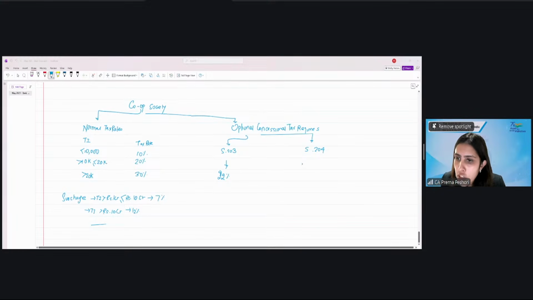Secondly, a manufacturing cooperative society which is resident in India, which is set up or registered after 1st April 2023, and which commences the manufacturing of articles before 31st March 2024.